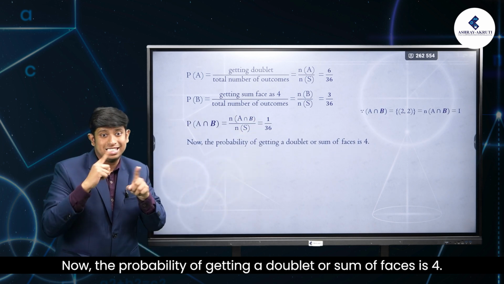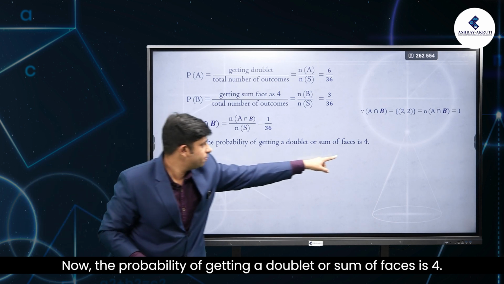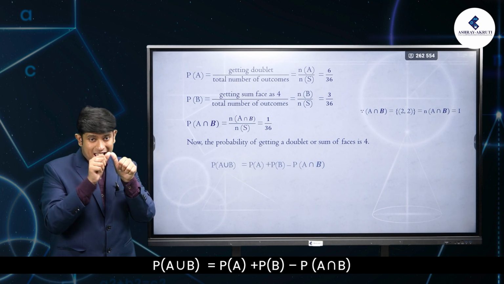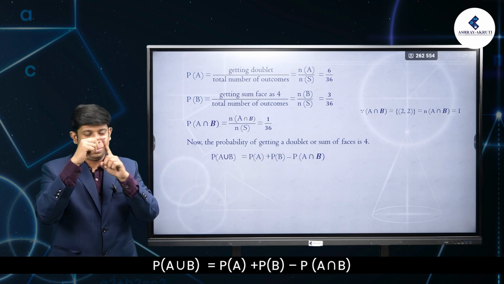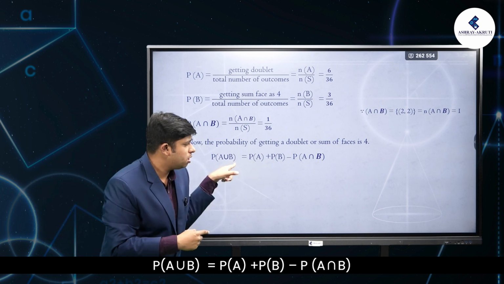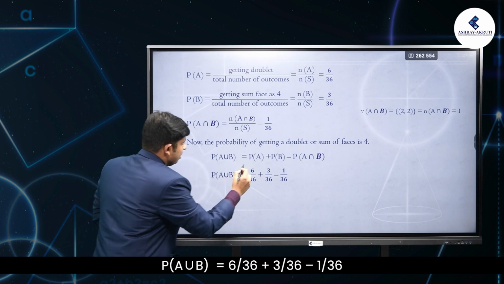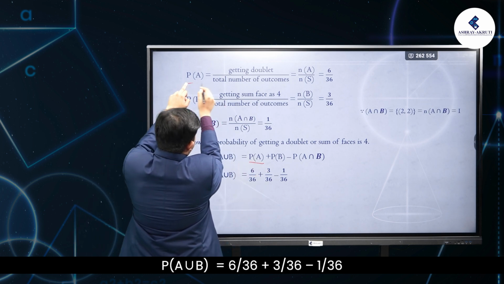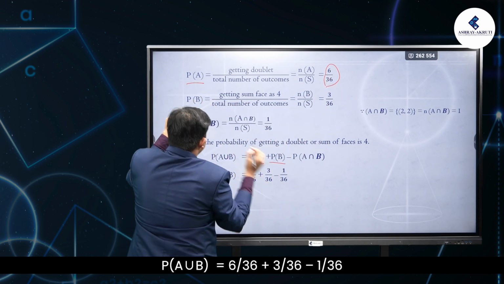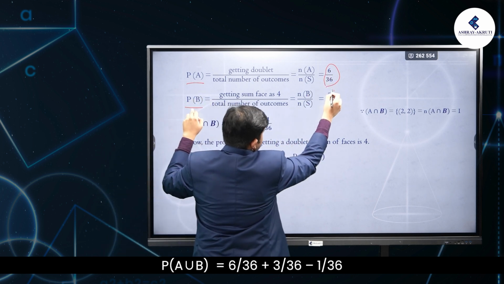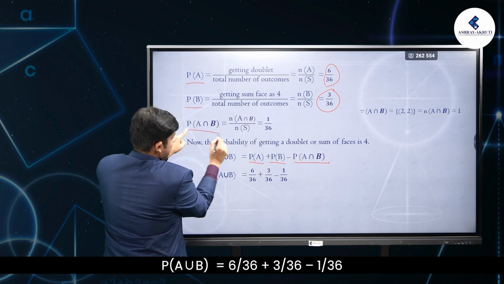Now, the probability of getting a doublet or sum of faces as 4. P of A union B is equal to P of A plus P of B minus P of A intersection B. P of A union B is equal to 6 by 36 plus 3 by 36 minus 1 by 36.